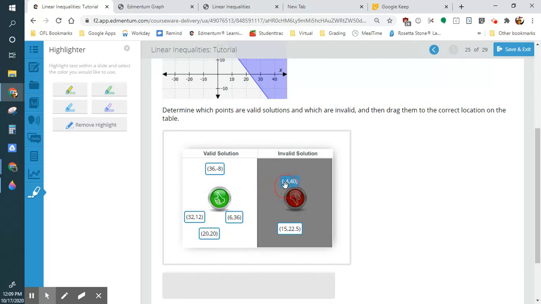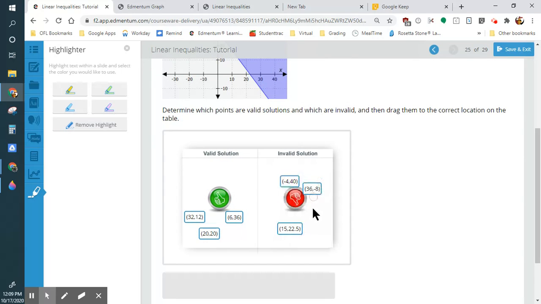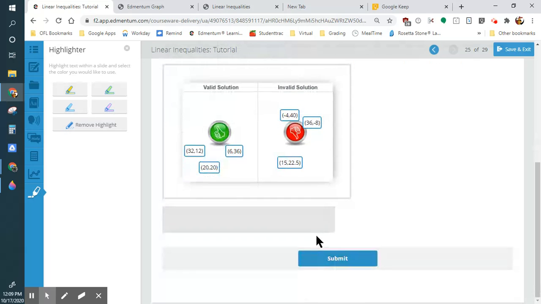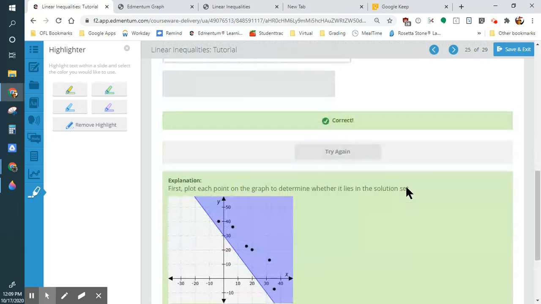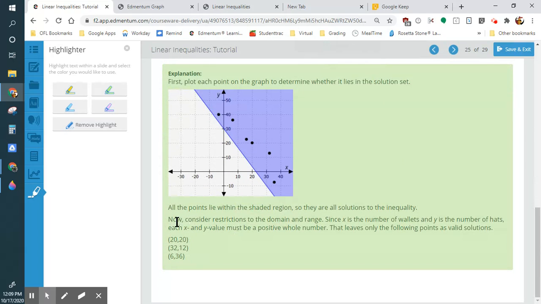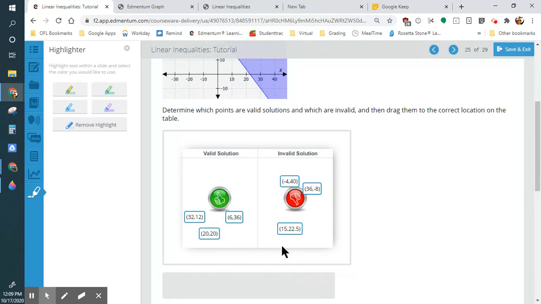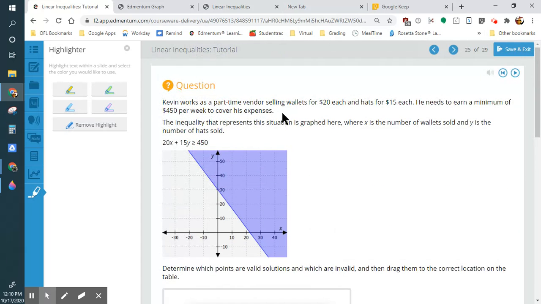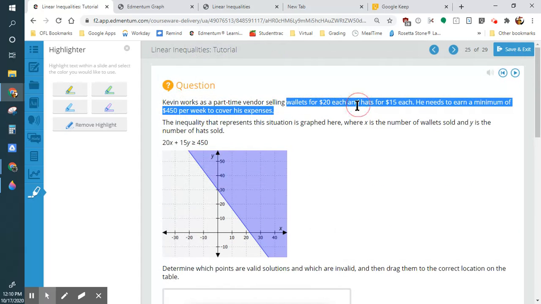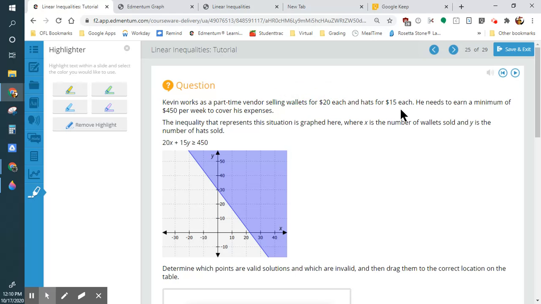That's what's happening. It's invalid because you can't sell a fraction of a wallet. That was my bad. I was like, what? We totally went over this. So also keep track of what our variables are. Because our variable was a wallet, we can't sell a fraction of it. So we can't sell fractions of stuff.